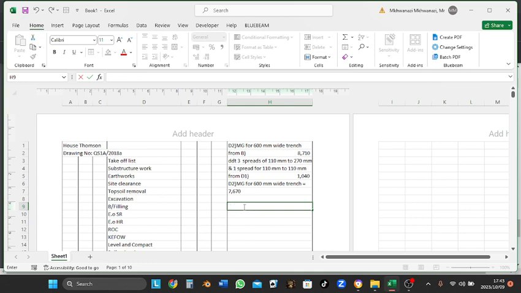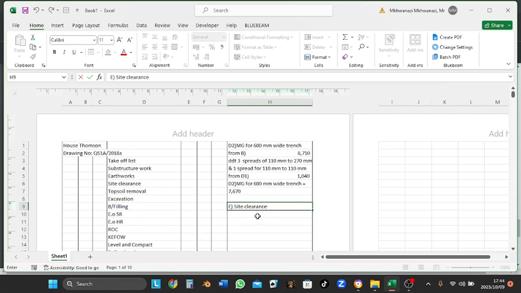Let me just say this one can be E, and then I will say site clearance. This is the site clearance.